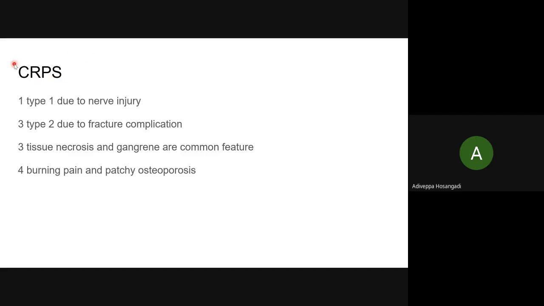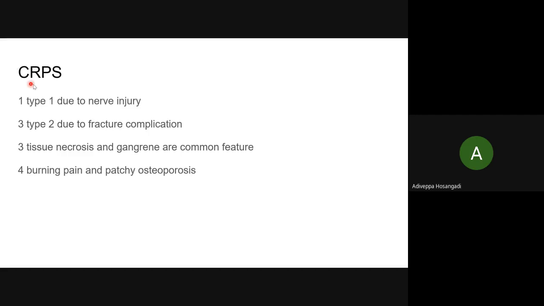So Sudeck's dystrophy, RSD is reflex sympathetic dystrophy, CRPS is complex regional pain syndrome. Remember this.